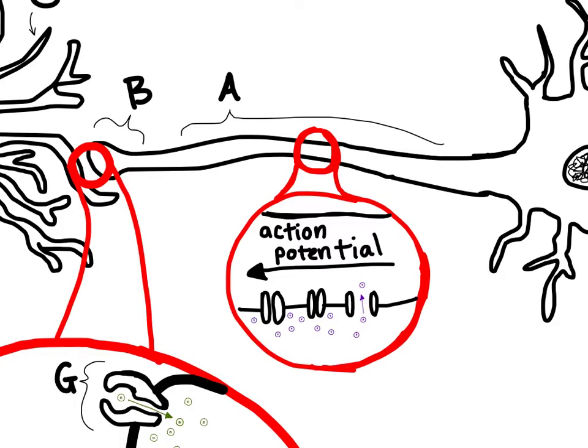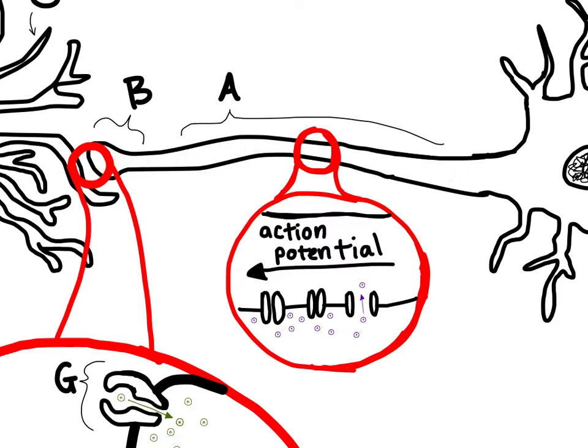When that occurs, it then triggers the next channel to open and the next channel to open, kind of like a series of dominoes, each one opening and then letting a little bit more facilitated diffusion happen and a little bit more facilitated diffusion happen, until you get all the way to the end of the axon at the axon terminal.